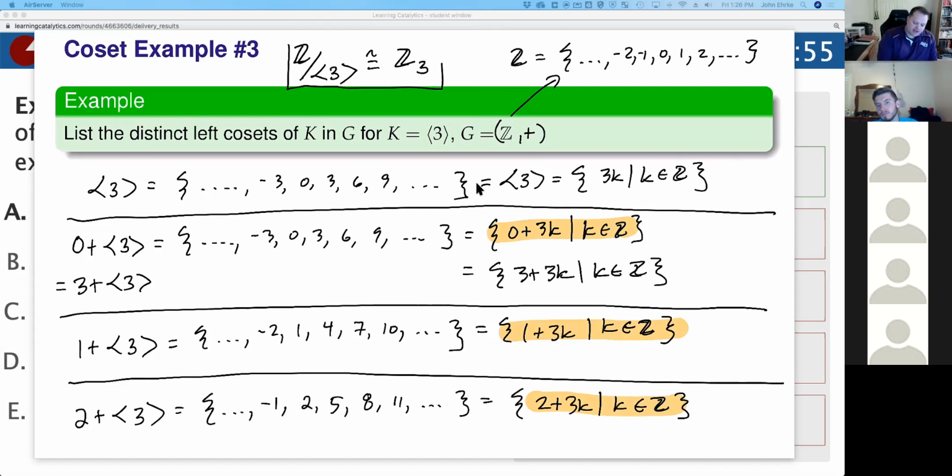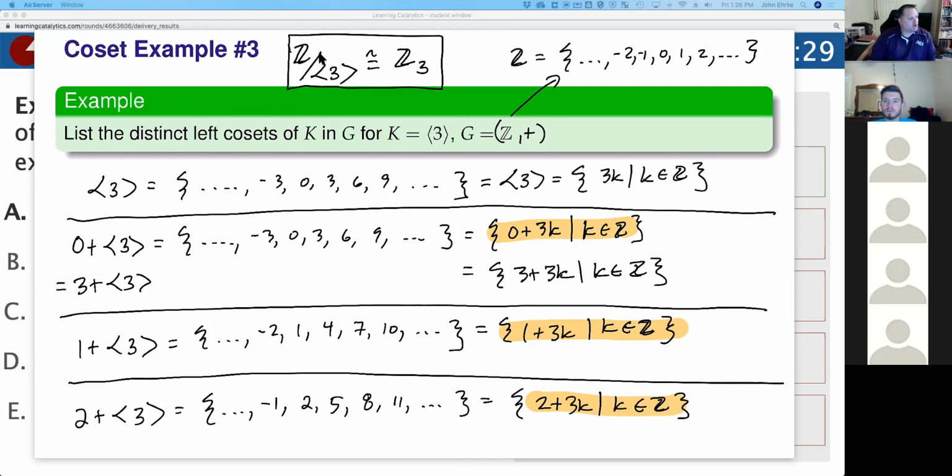Now, this is a notation that we're going to pursue much later in the course, but all I'm saying is if you take Z and you arrange all the elements in Z under a congruence based on this subgroup, really what you're doing is replicating Z mod 3, because either you're 0 or you're 1 or you're 2. And everything in Z behaves like either 0, 1, or 2 under this congruence that we've mapped onto it.